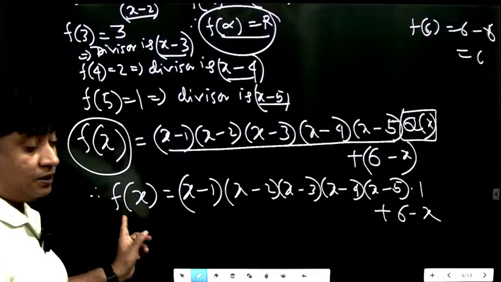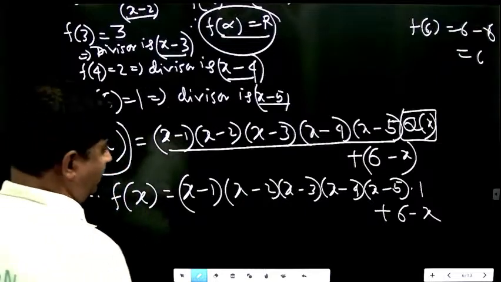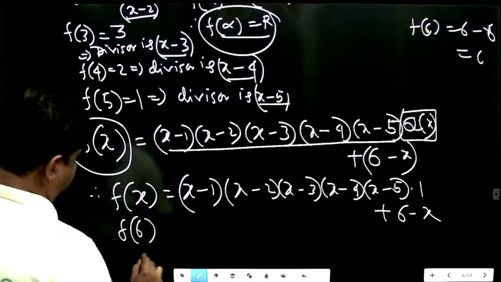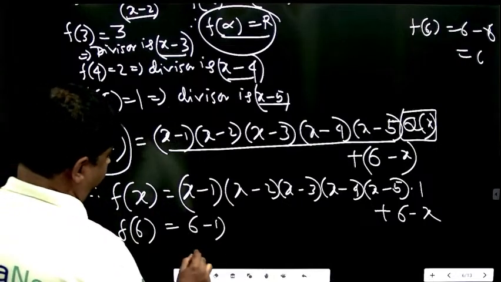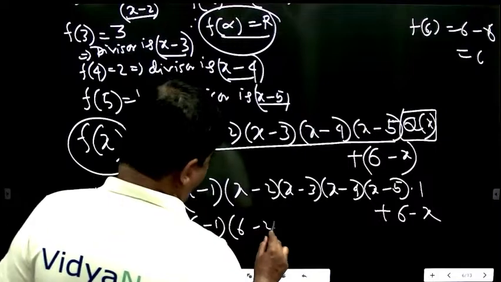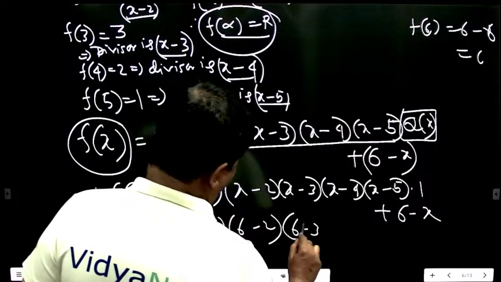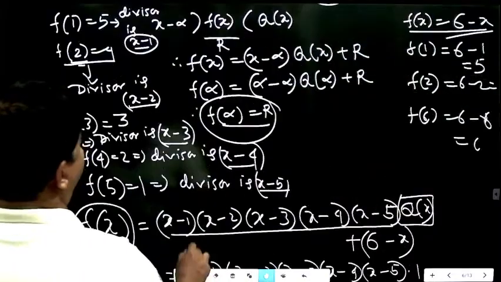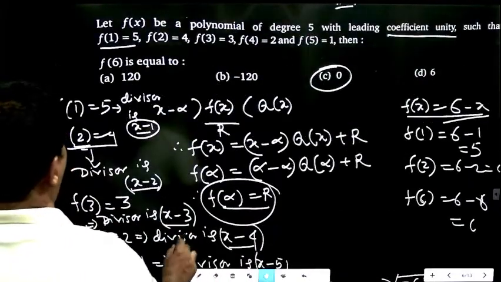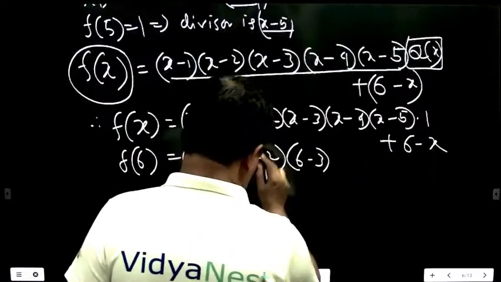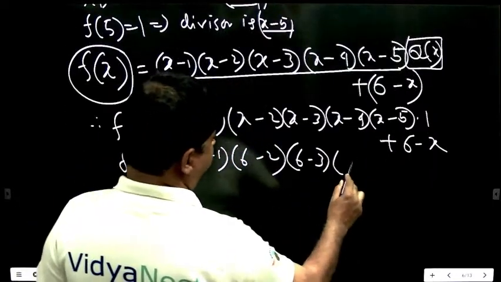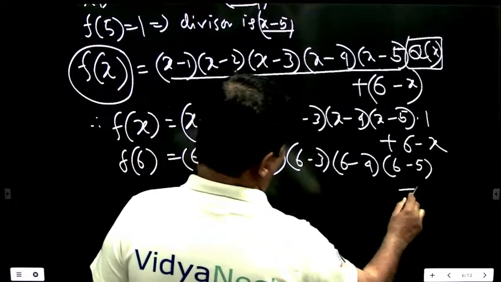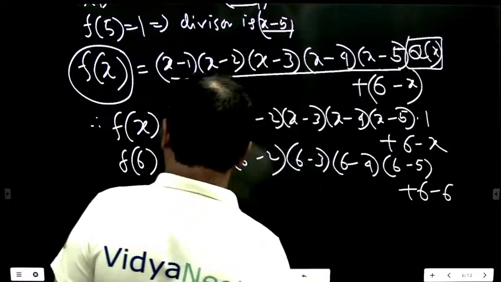That is f(x). Now, you are told to find f(6). 6 minus 1, 6 minus 2, 6 minus 3, 6 minus 4, 6 minus 5 plus 6 minus 6.